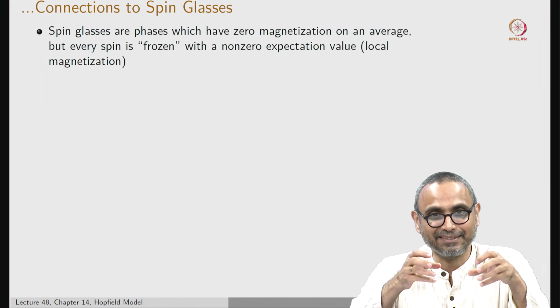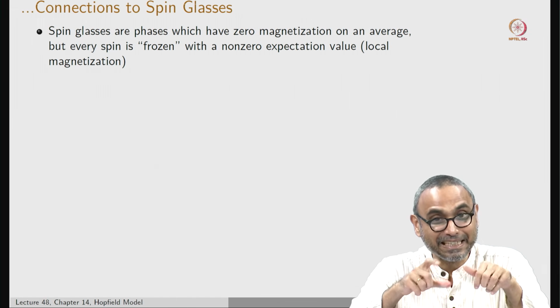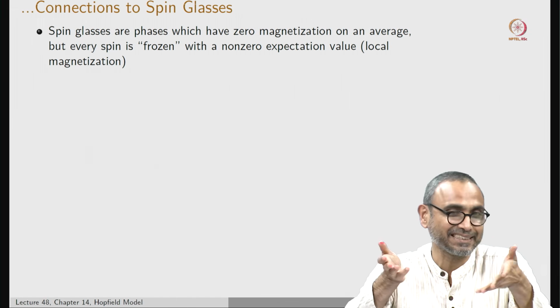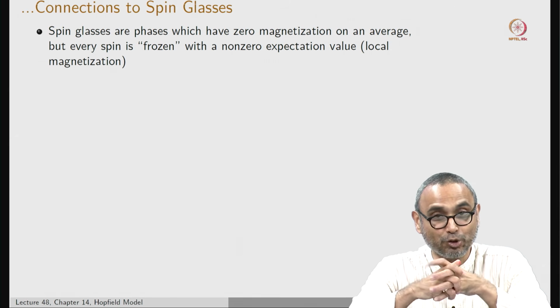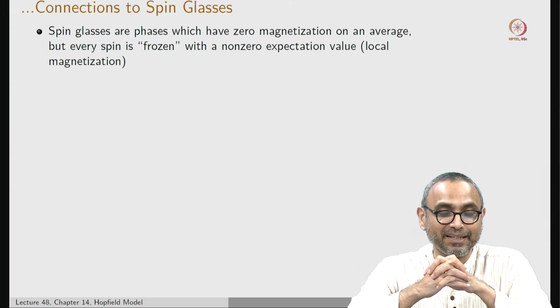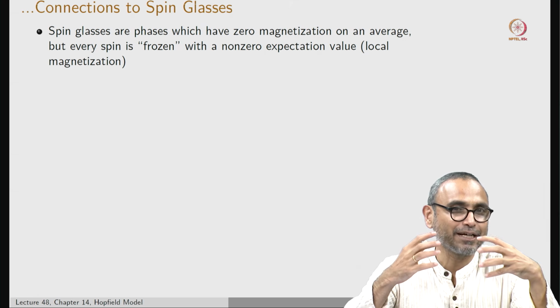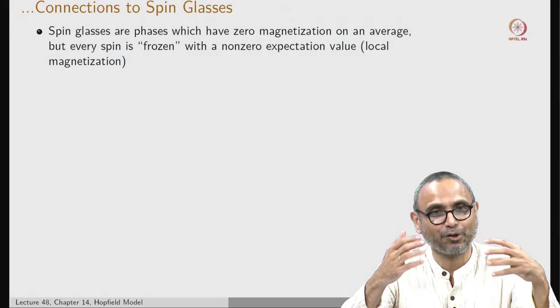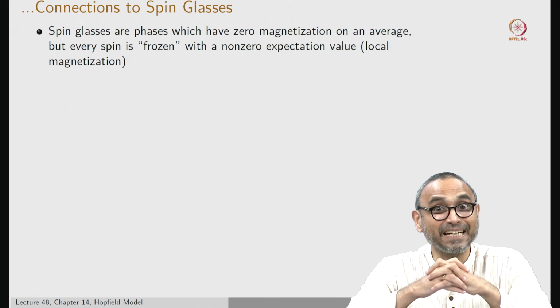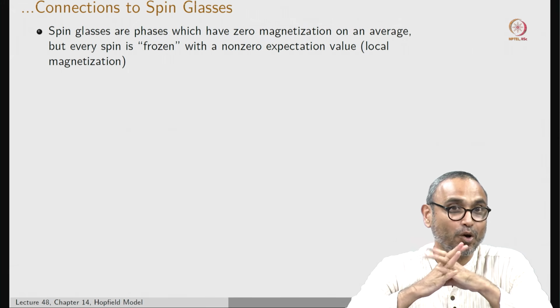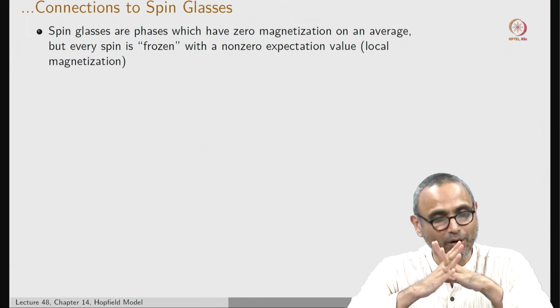Frustration is a situation where there are multiple configurations with the same energy and the system does not know which one to choose. So, in such systems you can get a very new kind of phase of these spins, and this is called the spin glass phase. Now, what is a spin glass phase? Let me try to explain qualitatively to you.